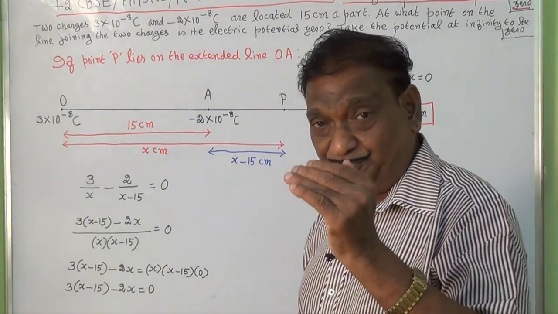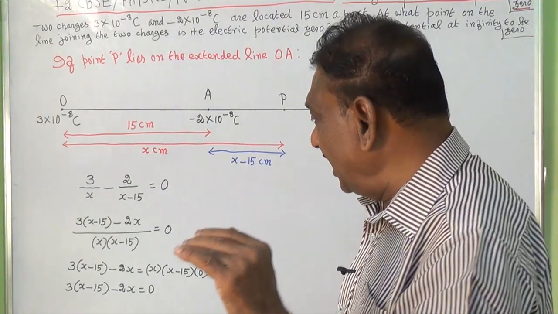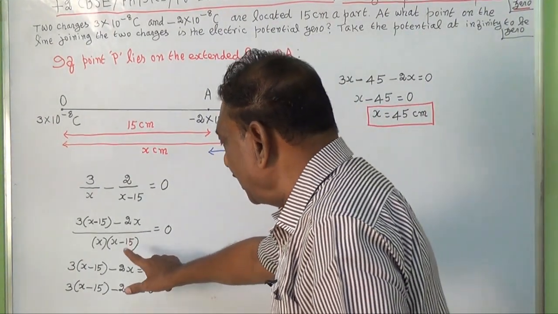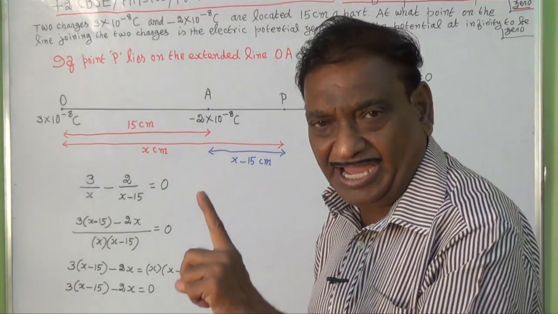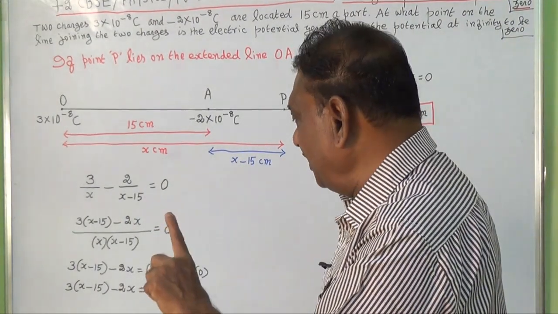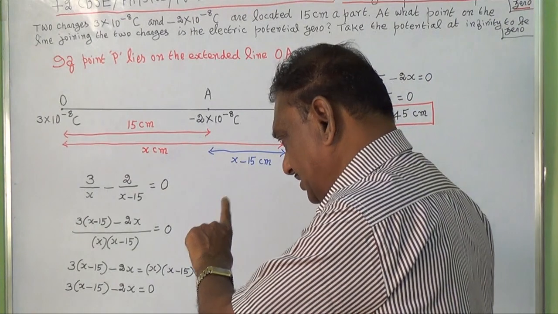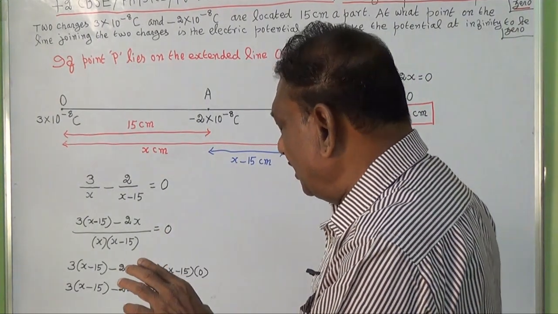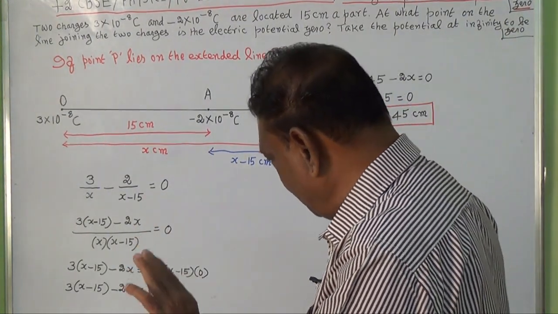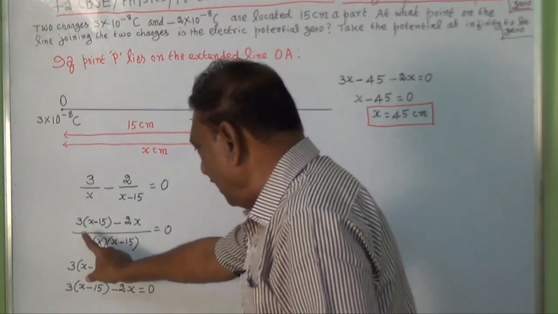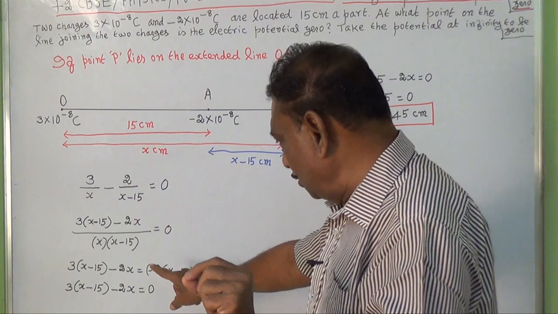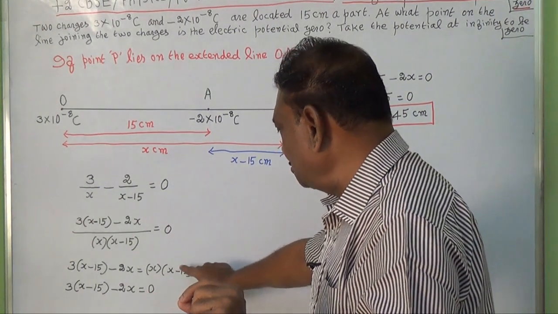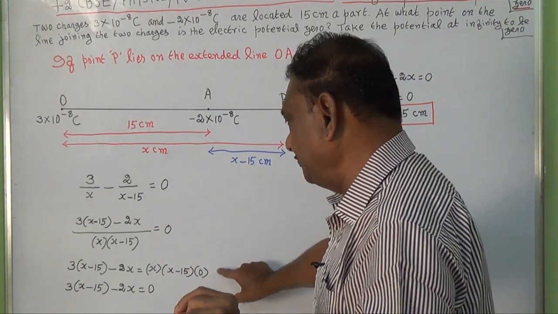The next step is, if we bring the denominator to the right side, it will become the numerator. That is, the division will become multiplication. Hence, the equation obtained is 3 into x minus 15 minus 2x equal to x into x minus 15 into 0.